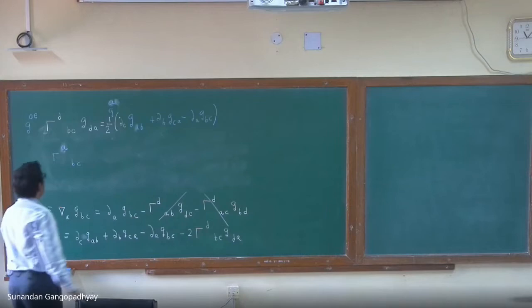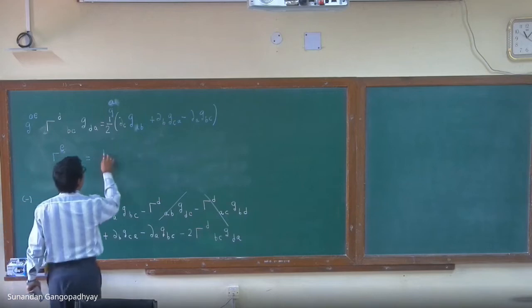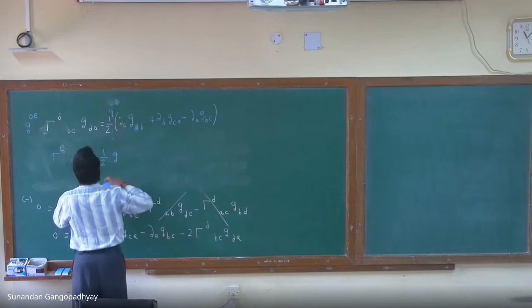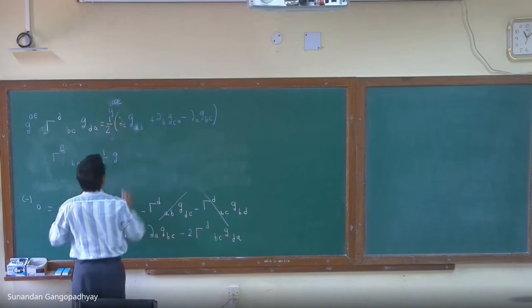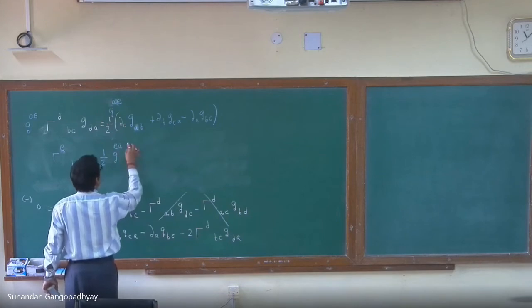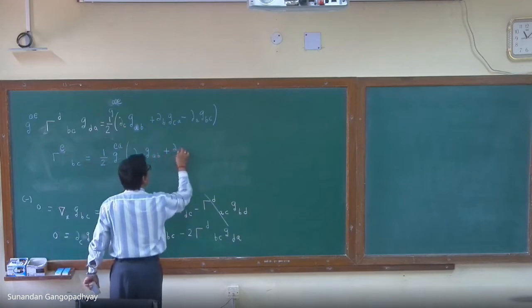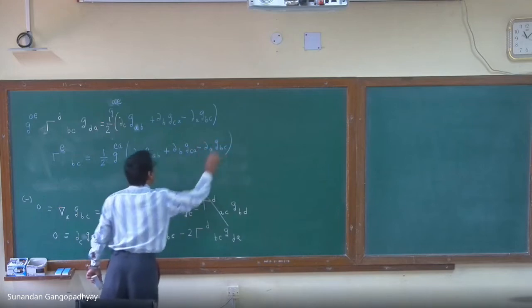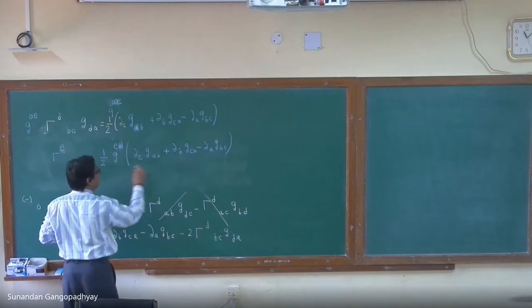Gamma E BC is equal to half g^EA times del C g_AB plus del B g_CA minus del A g_BC. So the first thing that we can do is, A is a dummy index, so we can change this to B.